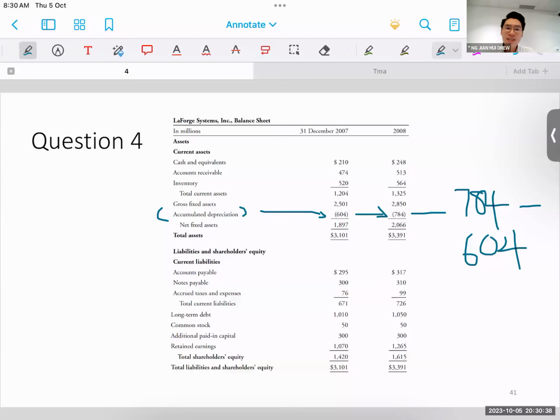So if you notice, using the cash flow statement, we don't even need to do a calculation. We can just pick the number straight away. And this is always true whenever you want to find depreciation and some of the other items I'll explain later. Or if not, we can refer to the balance sheet. It's fine.